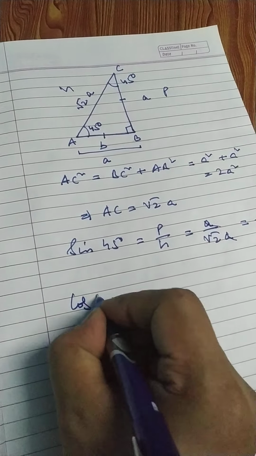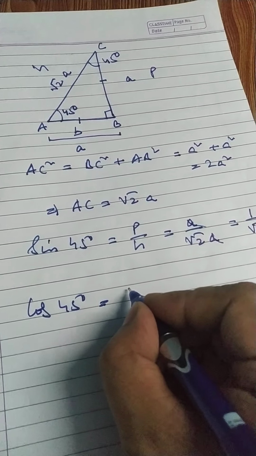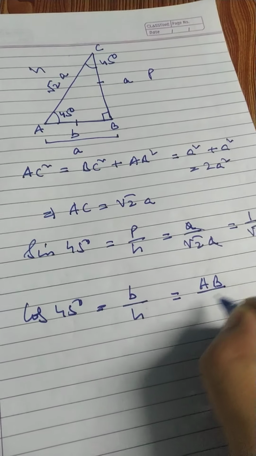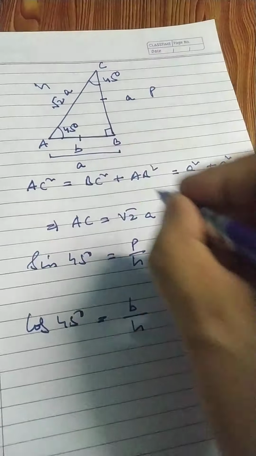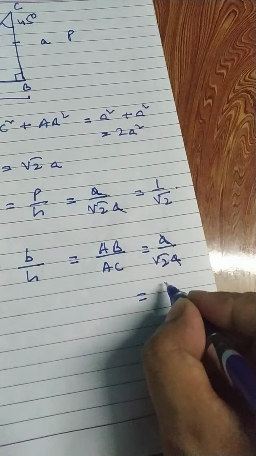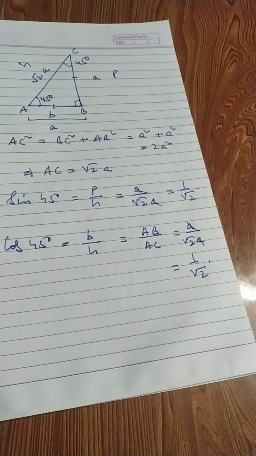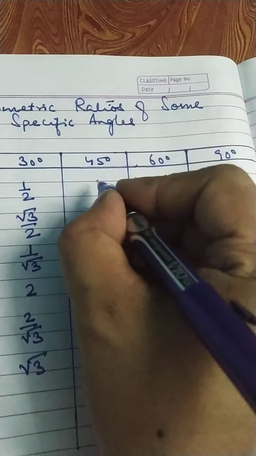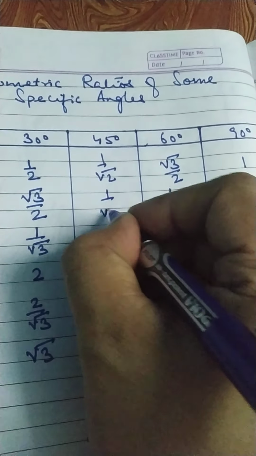Now cos 45 is base by hypotenuse. Base is AB, which is equal to A, and hypotenuse is root 2A, so this is also equal to 1 by root 2. So sine 45 and cos 45 are both 1 by root 2.